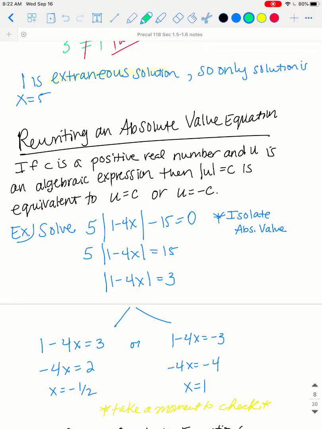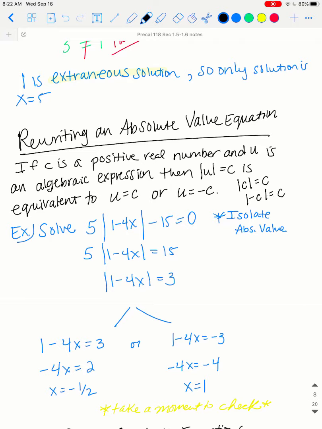And the reason for that is because when we take the absolute value, we're taking the positive version of it. So if u was positive c, we know it still stays c. But if u was originally negative c, we have negative c equals c.